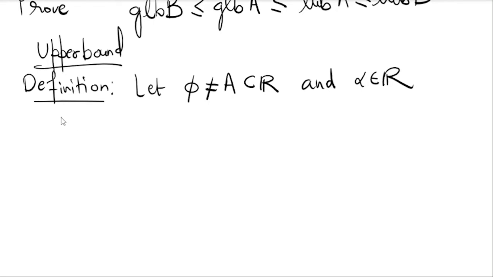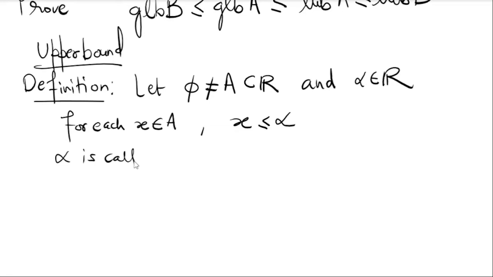That is, for each x in the set A, x is less than or equal to alpha. If such an alpha exists and it satisfies this condition, then this quantity alpha is called an upper bound.